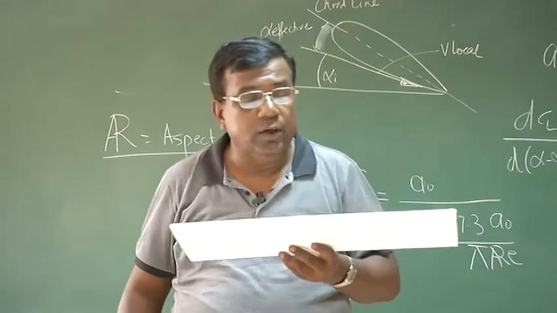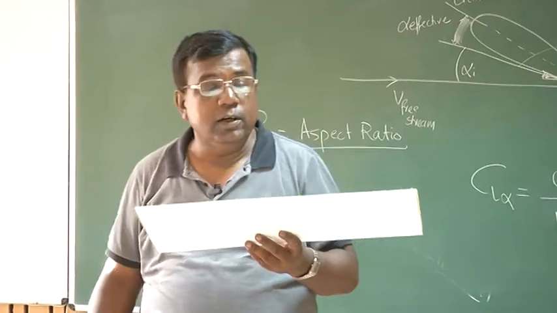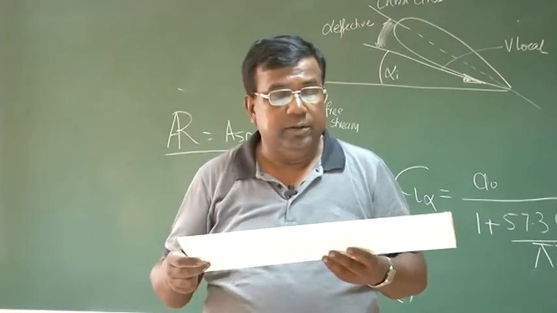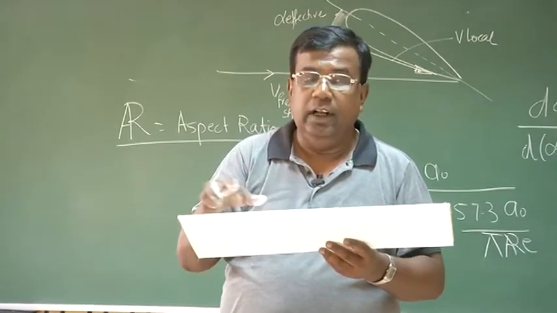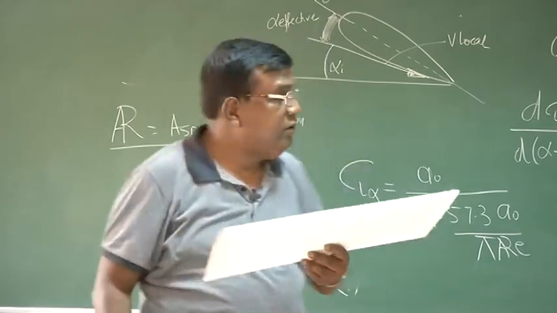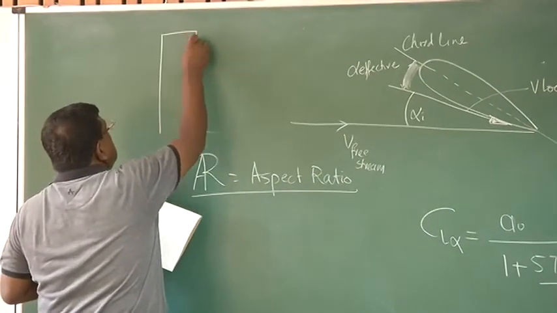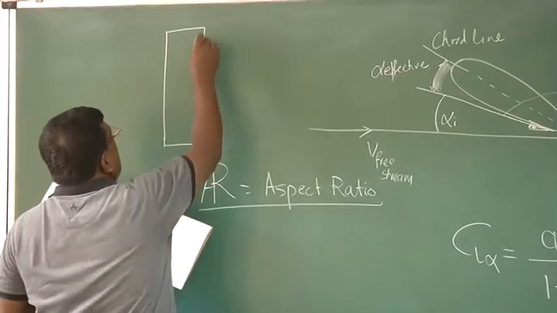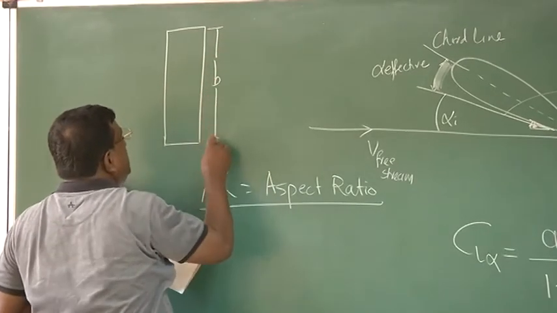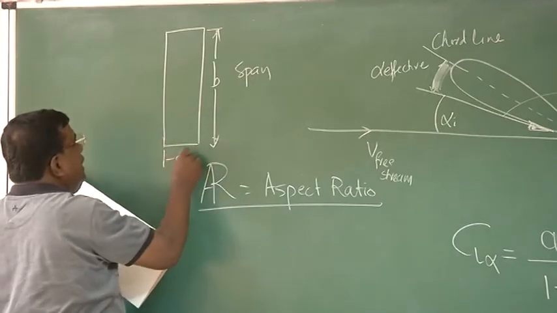To make sure that we are flying like this, we also define a term called aspect ratio, and that gives us a feel of which way I am orienting, this way or this way. For example, if I draw a wing, I call this b the span and this c the chord.